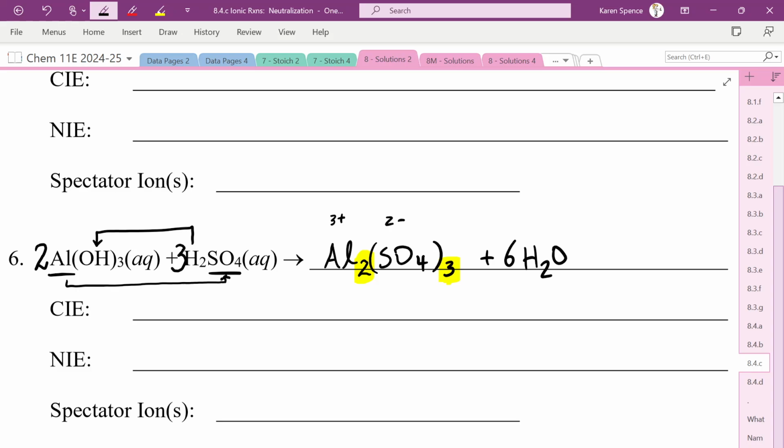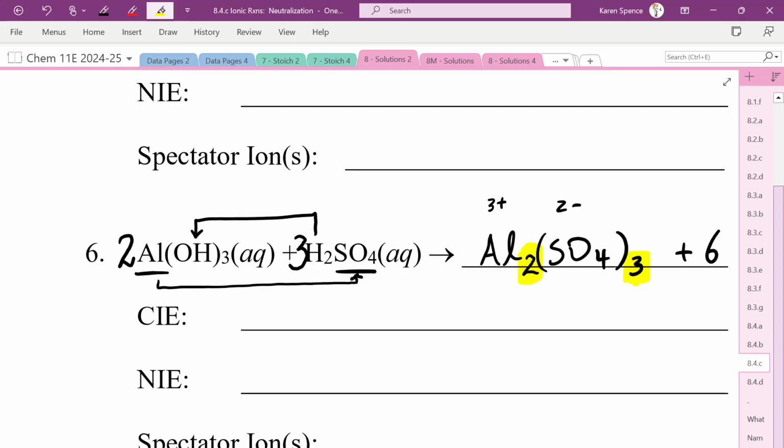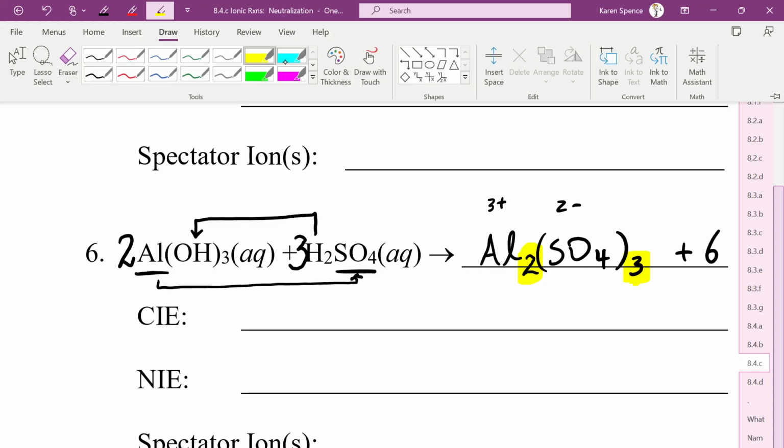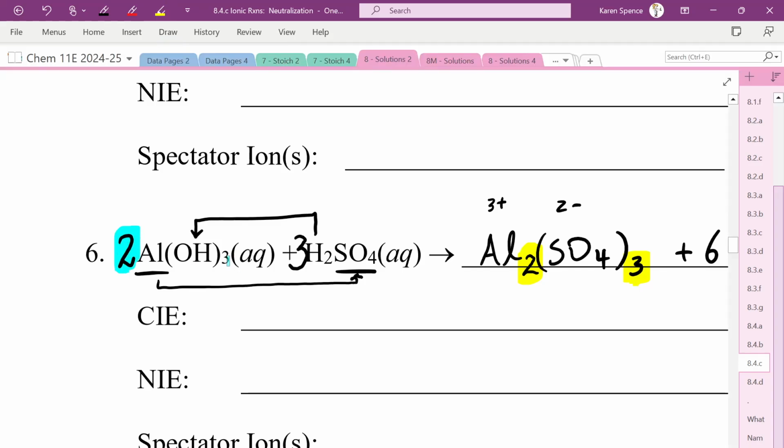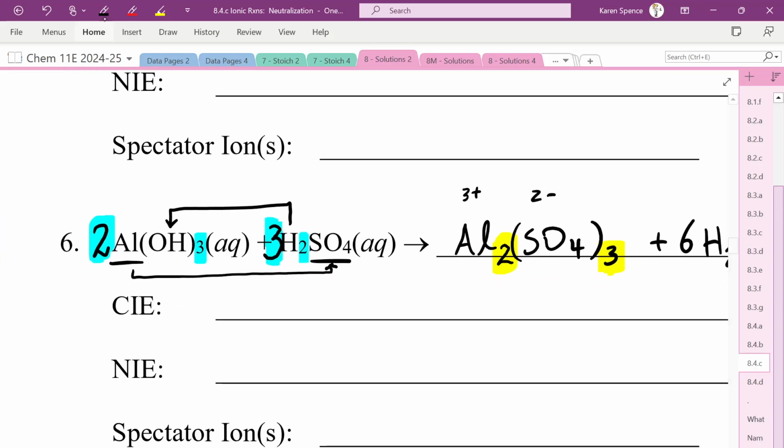Complete ionic equation. You always have to consider both the coefficient and the subscript. So coefficient and subscript. So for aluminum, we have 2 Als. So just 2 Al, aqueous, plus how many OHs? 6 OHs.